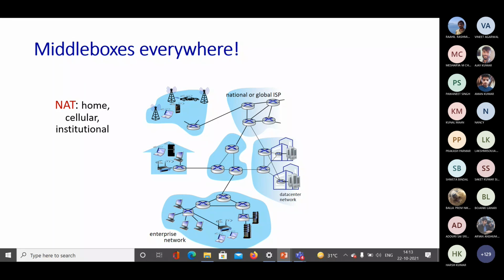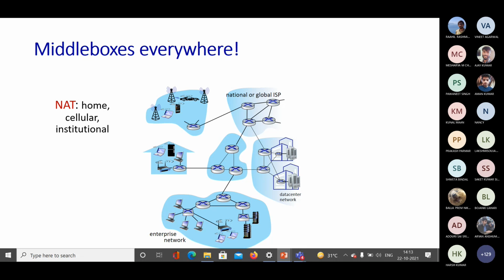And if you think the other way around, from the organization or institution to the outside world, in that case also, as a user, you are not bothered about whether there is a NAT router or whether your IP address is the exact IP address or not.